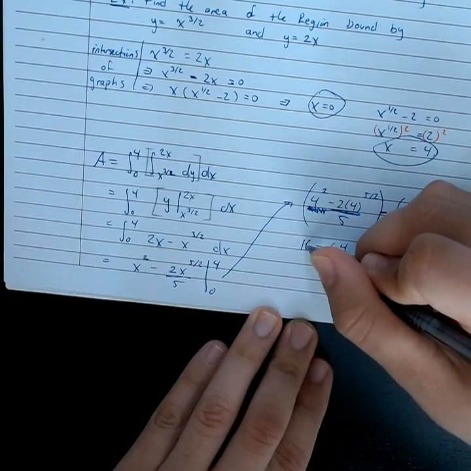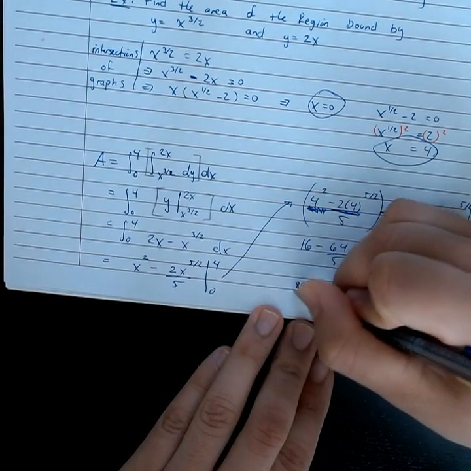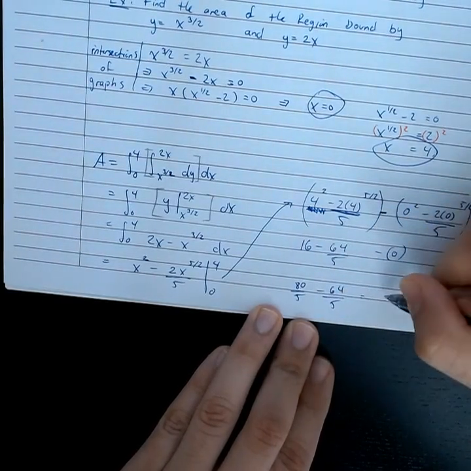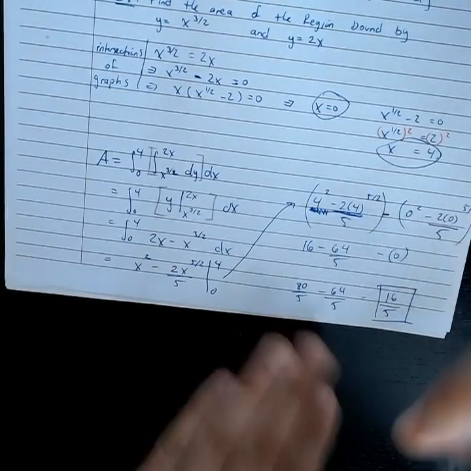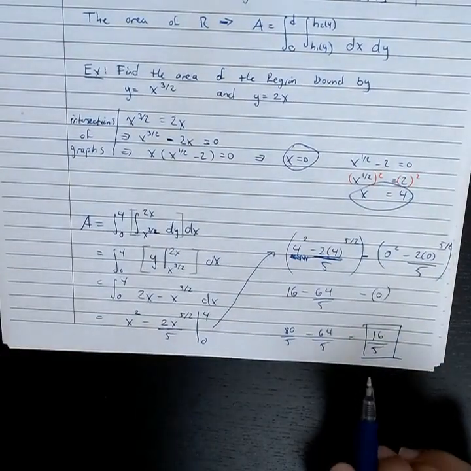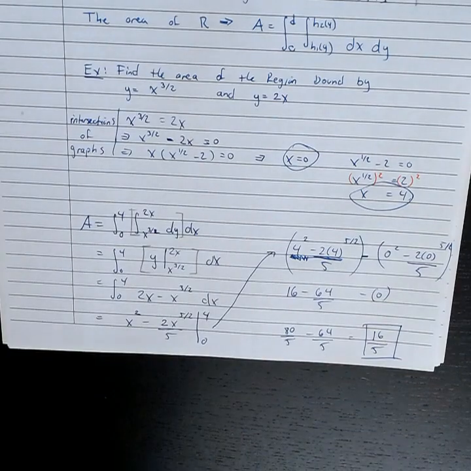So I can write this as what? 80 over 5 minus 64 over 5 would give me 16 over 5. And there we go. So this 16 over 5 is the area between these two lines.